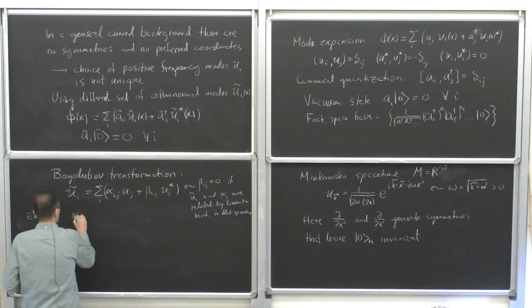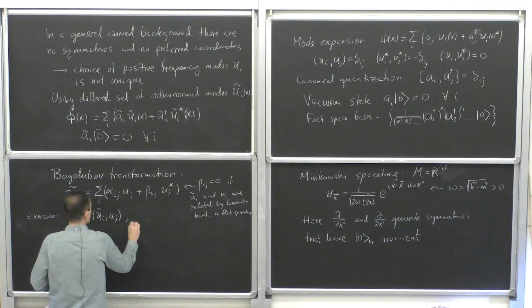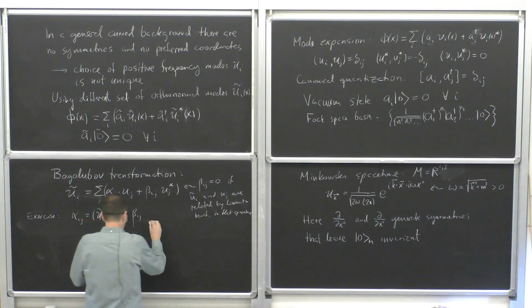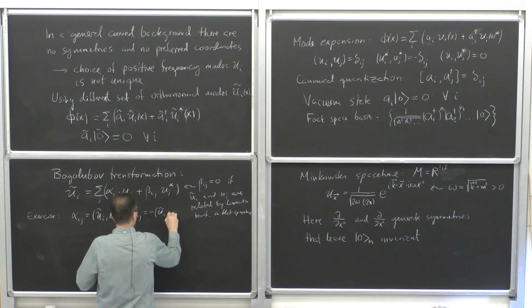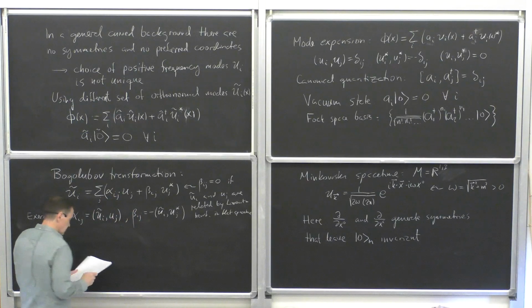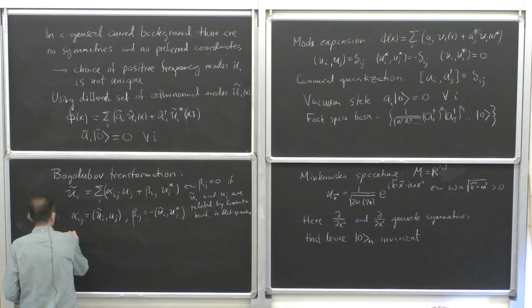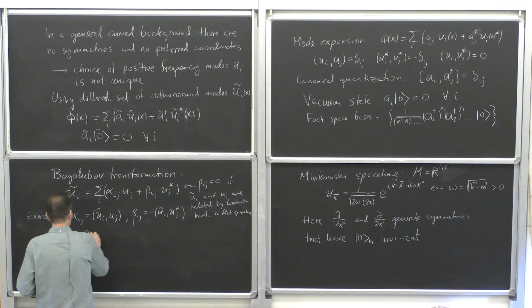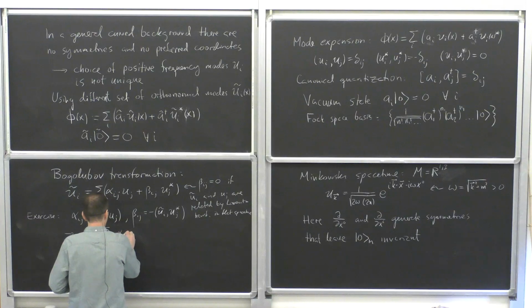You can check that your alpha_ij are simply given by the inner product, like so, and your beta_ij are actually minus that. This just comes from the sign conventions in the inner product. And you will also see that I can do a corresponding expansion of my mode coefficients.